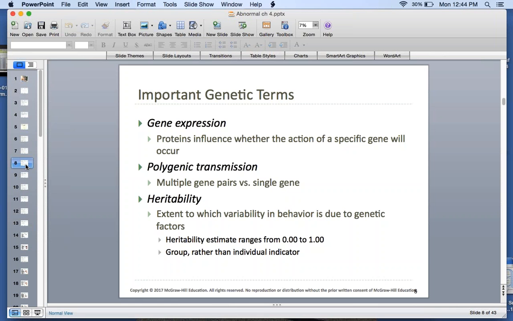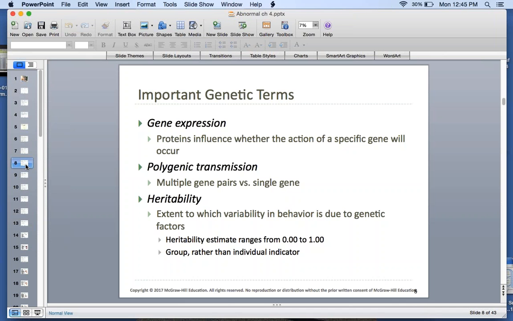And really, most of the time when we're talking about complex behaviors such as depression or psychological issues, it's really a polygenetic transmission. Rarely is it a single gene expression. It is in certain cases, such as specific intellectual disabilities, but most of the time we're talking about complex behaviors and multiple gene pairs.